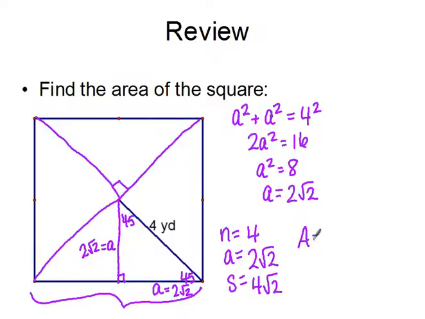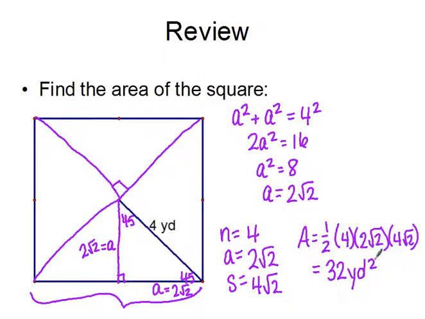Now we just need to plug it into the formula. So we'll do 1/2 times number of sides times the apothem times the length of a side, and we'll hit go. Okay? So 1/2 times 4 times 2 root 2 times 4 root 2, and we get 32 yards squared.